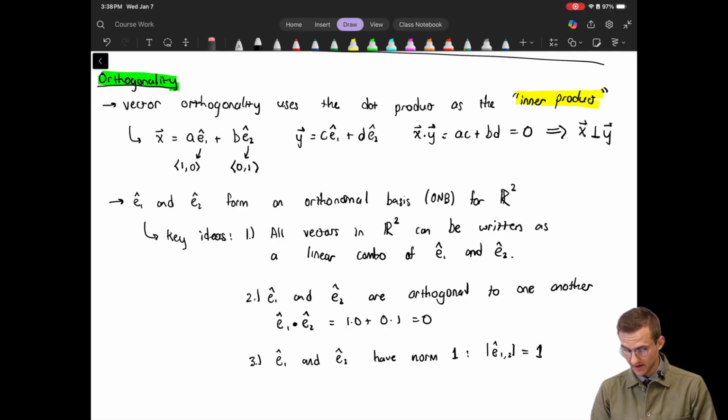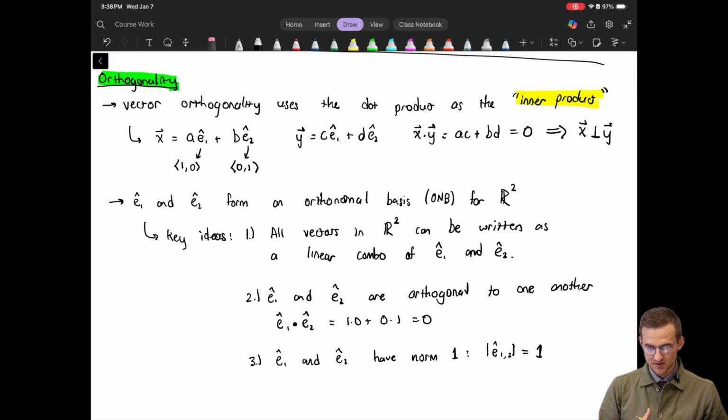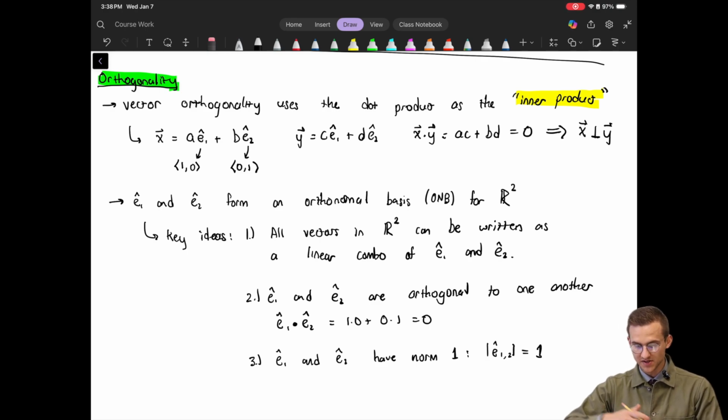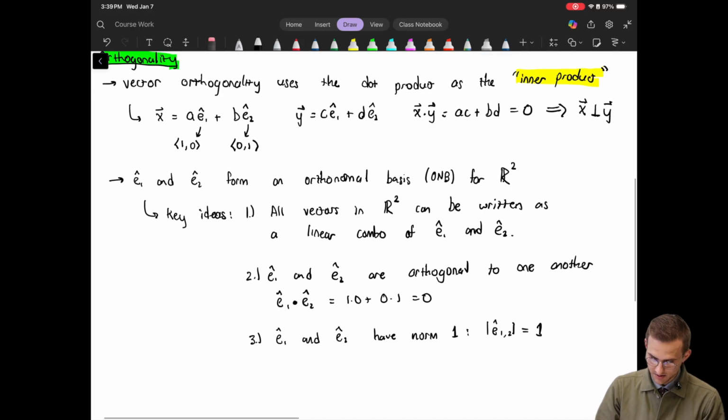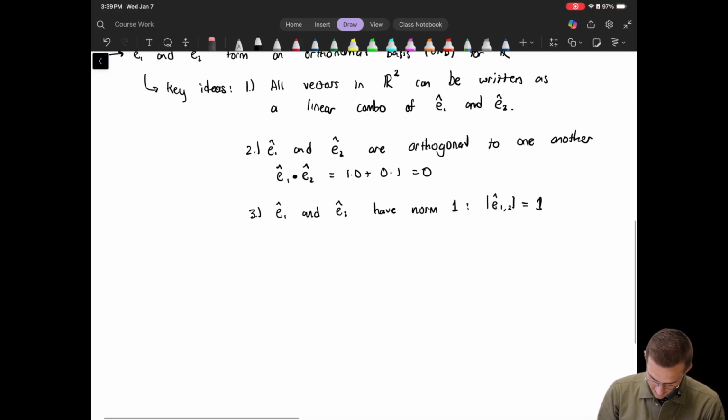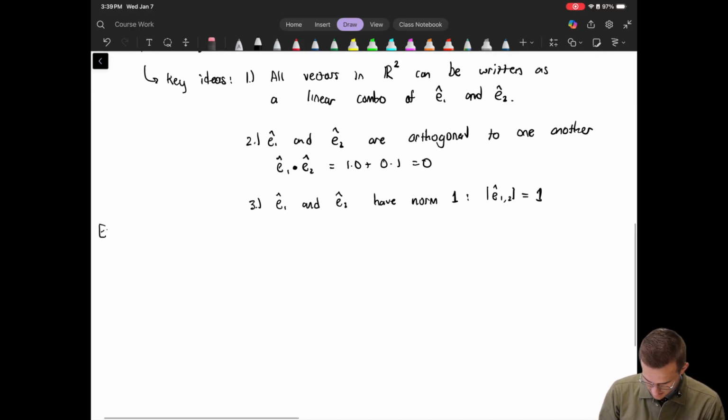I'm hoping that for everybody this is a pretty basic review. But what we're going to do now is think about, instead of vectors in space, functions as vectors in a vector space. Okay, so extend the idea to functions.